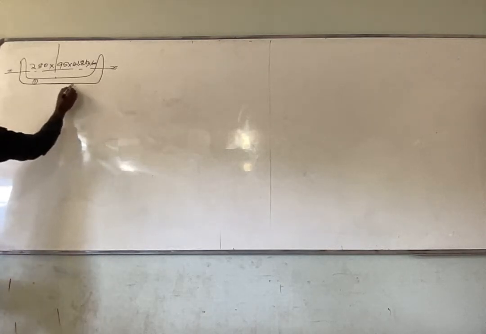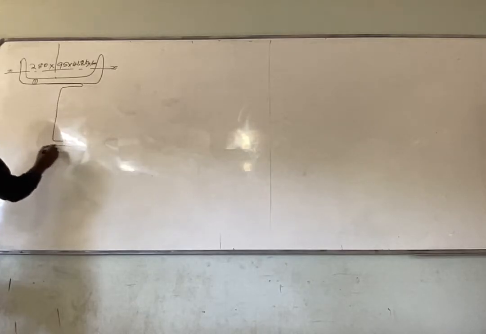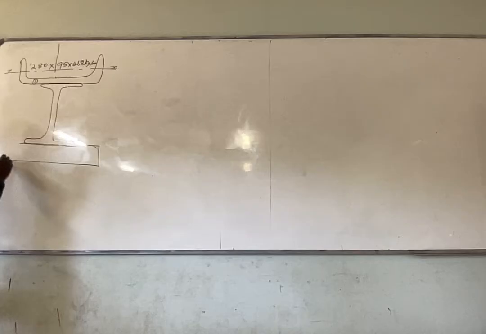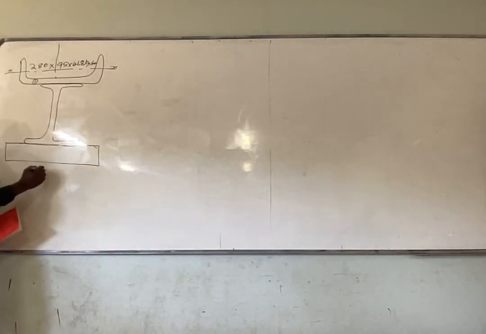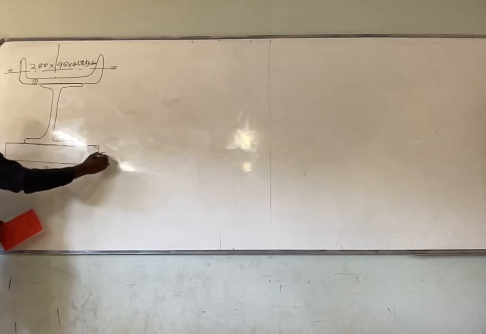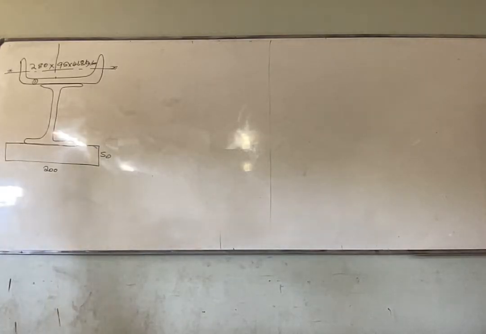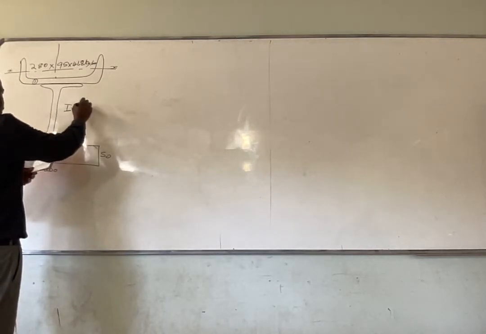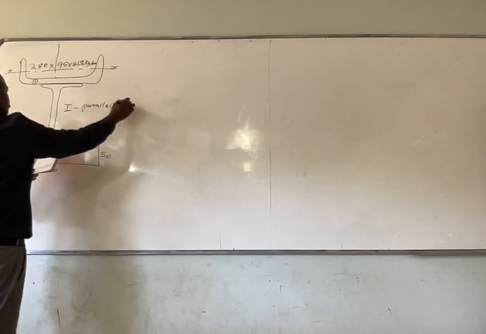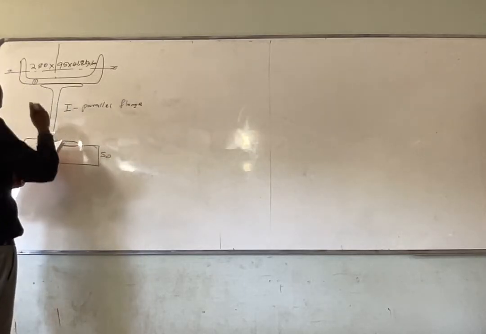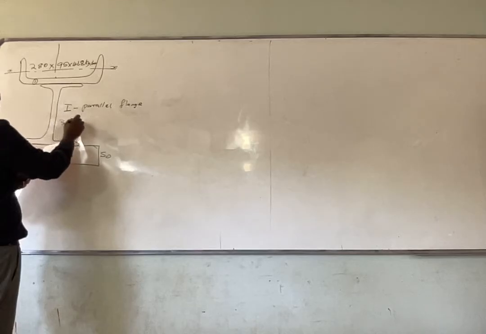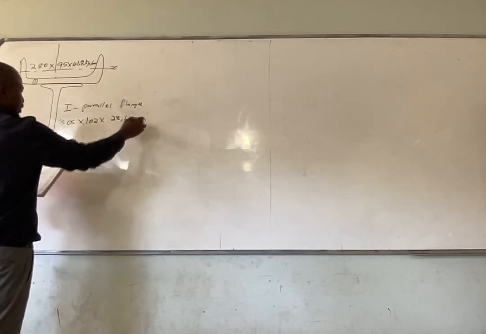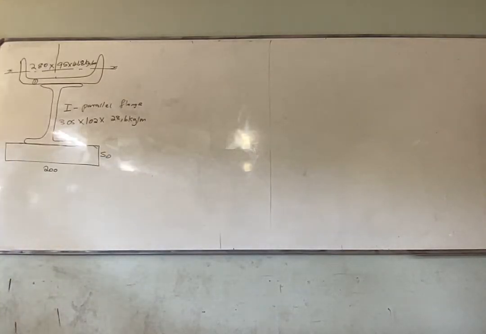So here this one is 200 times 50, and I'm going to select the parallel flange, which is 305 multiplied by 102 multiplied by 28.6 kilogram per meter. So now here you are required to calculate IXX.